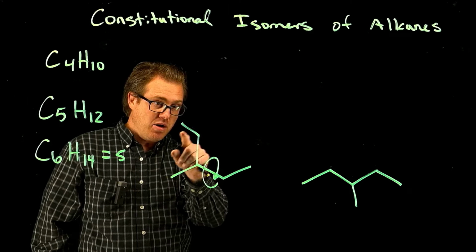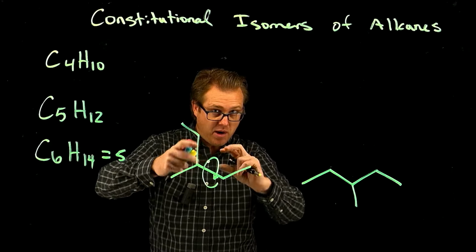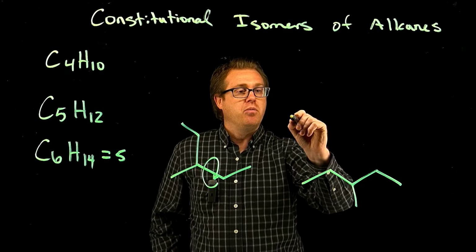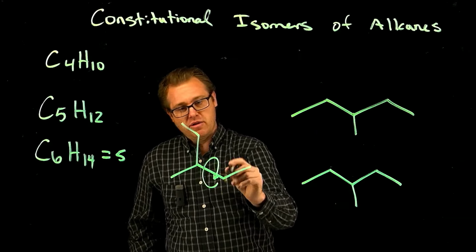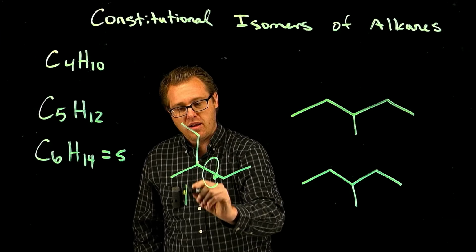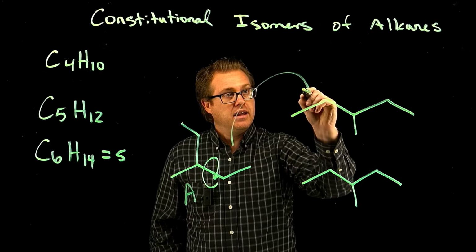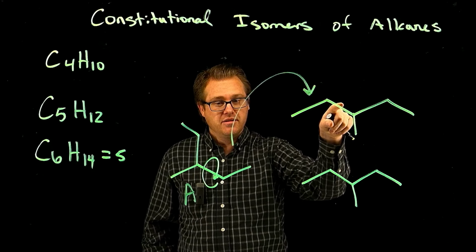You can take this molecule right here and twist these bonds, and it will match perfectly with this one. So this molecule right here, if we call it A, is that molecule.